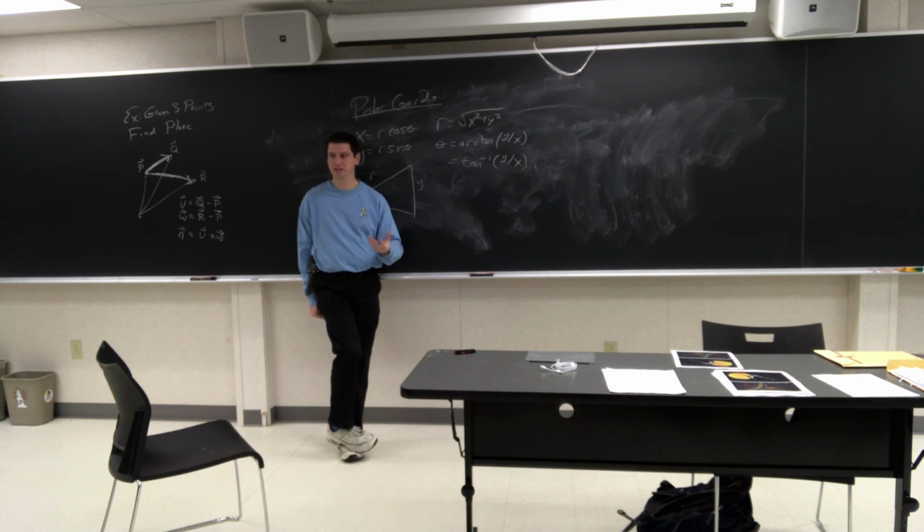A good coordinate system, a good transformation: if I tell you what it is in xy space, you know what it is in r theta space. Or if I tell you where you are in r theta space, you know what you are in xy space. Is there any point here in xy space where you don't necessarily know your r theta coordinates? Is there one point where you've got to be careful?